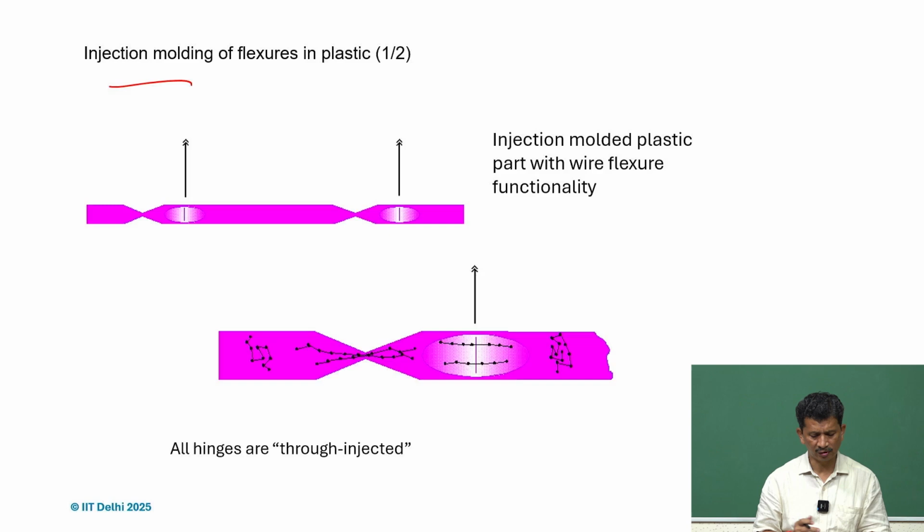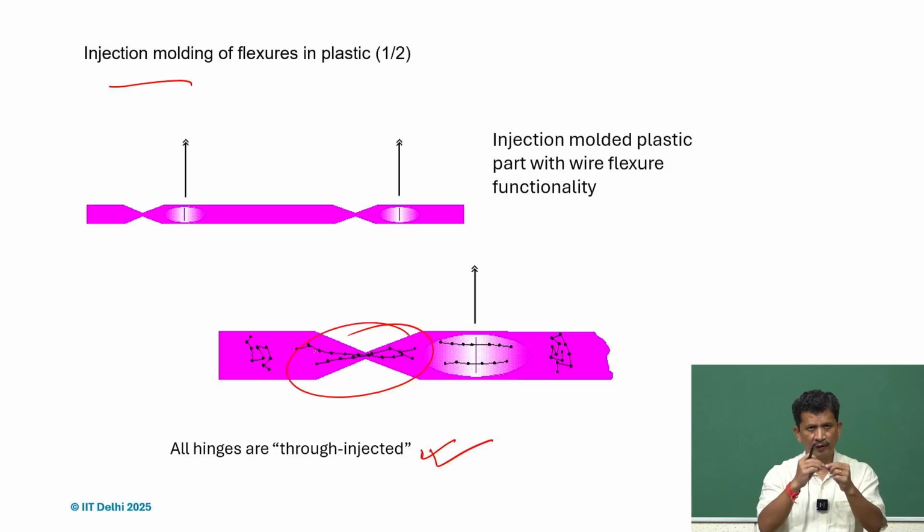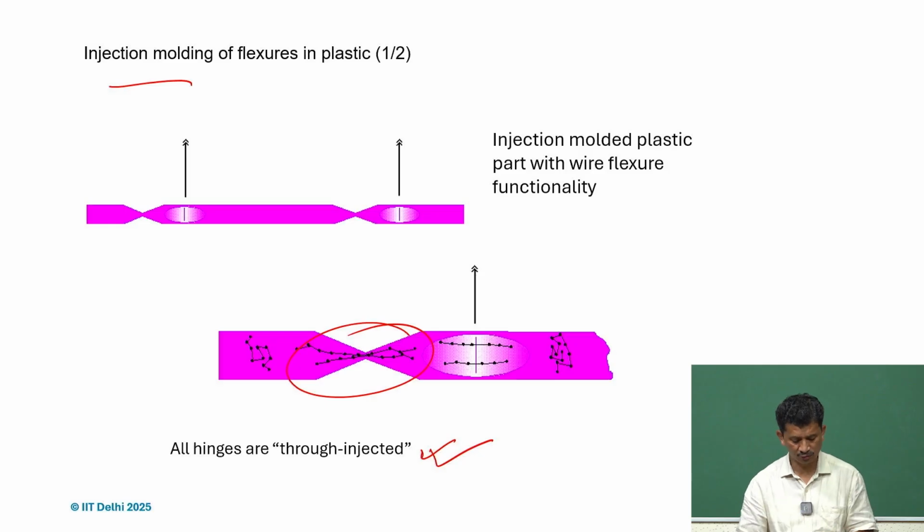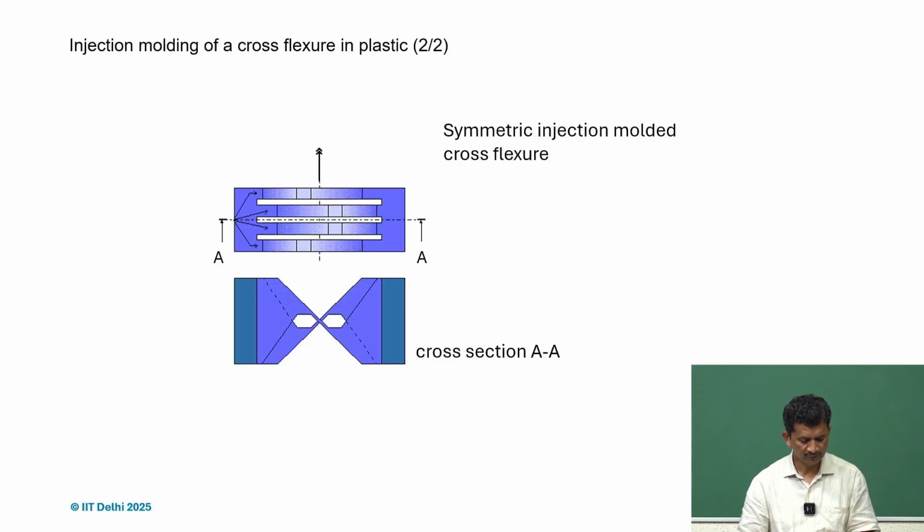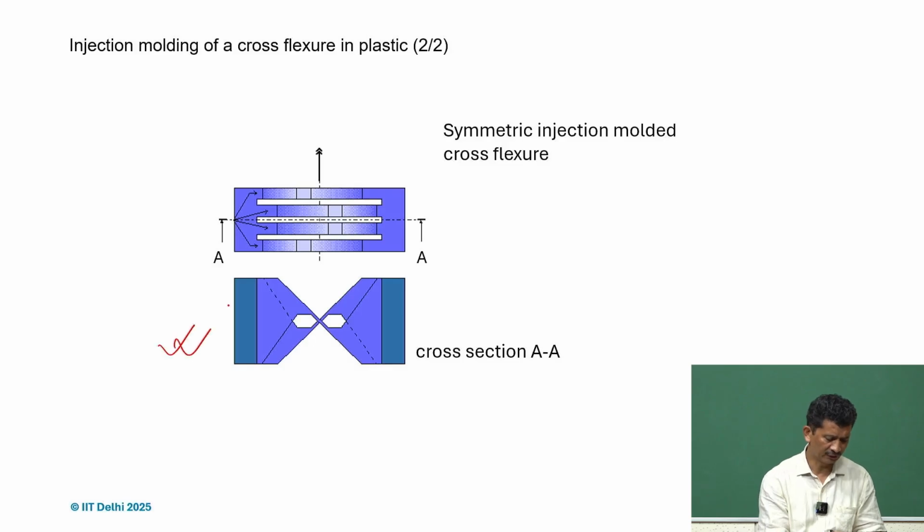What one has to be careful about is that it is through injected, so that we get this fiber alignment. It should pass through one direction and reach the other side, so that the polymer chain should be along the hinge. And so we can create symmetric variations also.